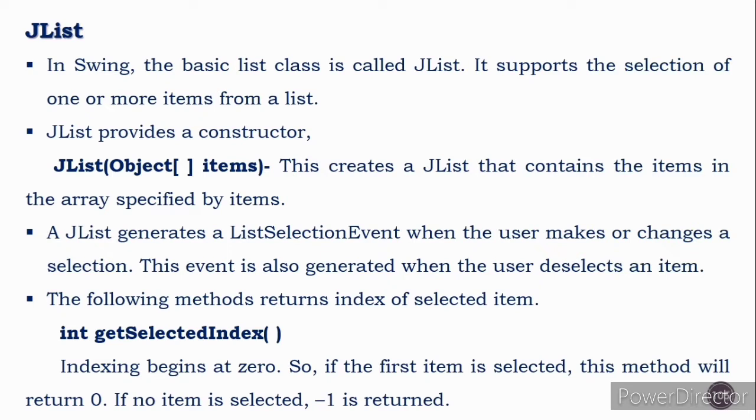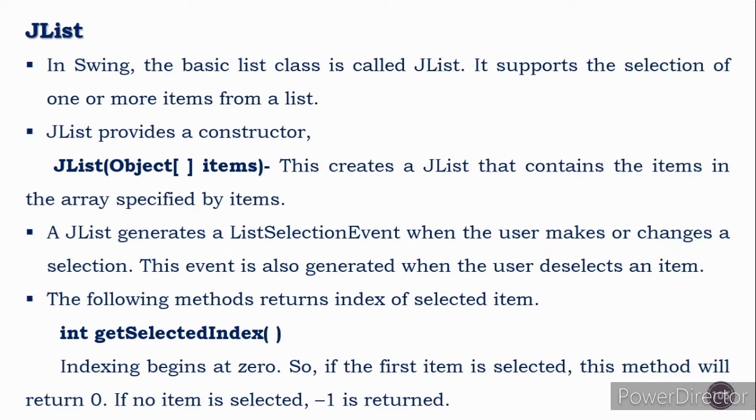Most of the time you will wrap the JList inside the scroll pane. This way long lists will automatically be scrollable, which simplifies the GUI design. It also makes it easy to change the number of entries in the list without having to change the size of the JList component.